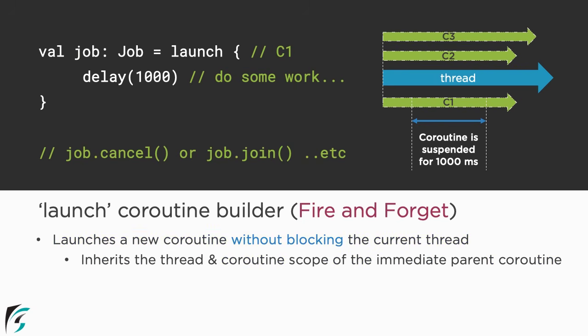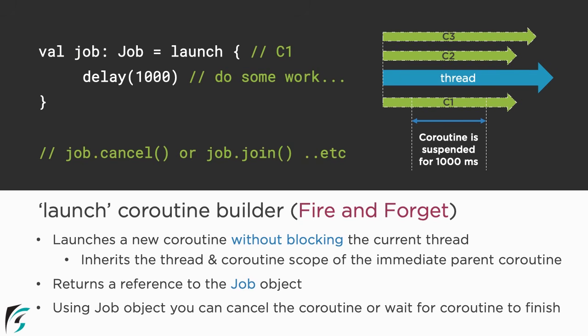Also, this coroutine inherits the thread and the coroutine scope from the immediate parent coroutine, which we saw in our demo. Next, this function returns a job object. And using this job object, you can cancel the coroutine or wait for the coroutine to finish. Basically, this job object allows you to control the coroutine.